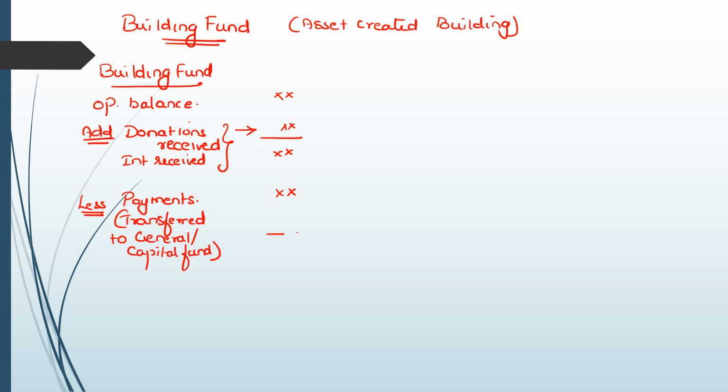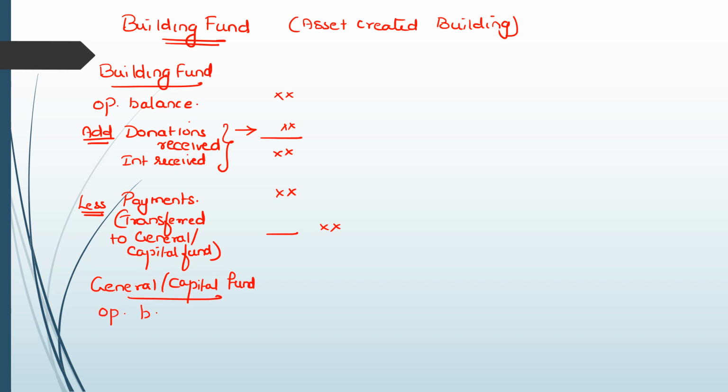So the amount which is subtracted from the building fund, which has been utilized for the purpose of construction of the building, would be deducted and that amount would be transferred to the general fund or the capital fund, as we call it by different names, which also appears on the liability side of the balance sheet.